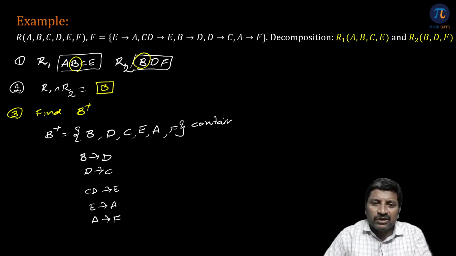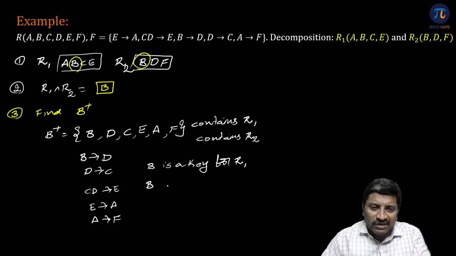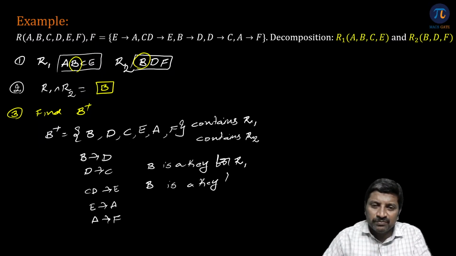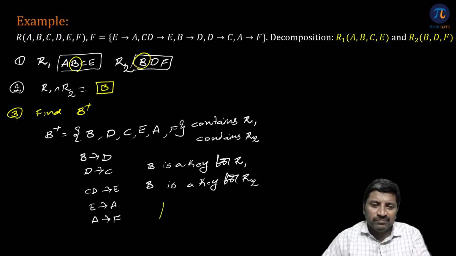That means the closure contains R1, the closure contains R2 also. What does it mean, sir? B is a key for both of the tables. One of them is enough. Anyway, luckily we have B is a key for both of the tables. What is our conclusion, sir? There is no loss.